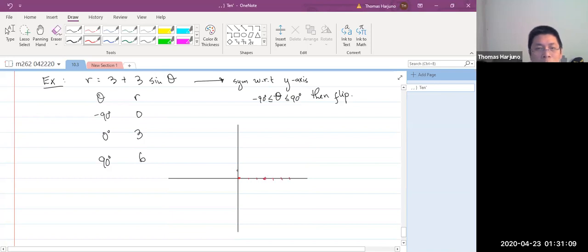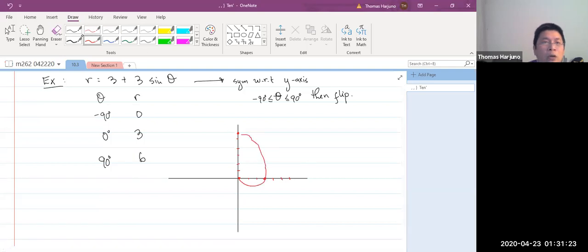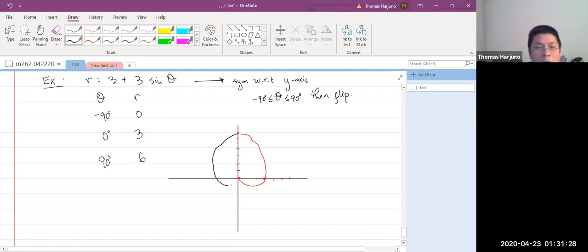So 0, 3, 6. Now I propose that it will look like this. And then later on, we will copy and paste that on the flip side. That's what it looks like.